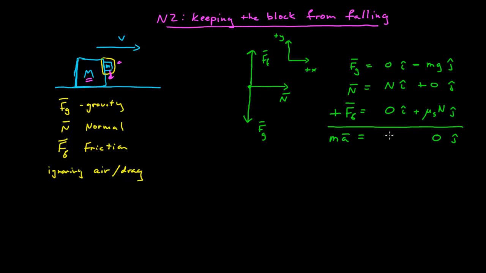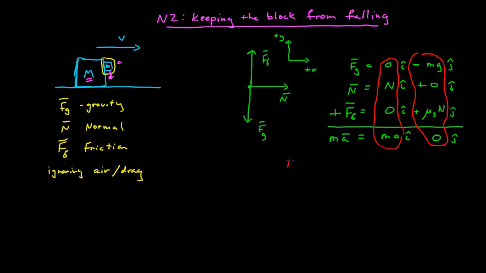And so then there may be some acceleration in the x direction. So this vector sum, the sum of my forces equal to my mass times acceleration, now gives me some relationships between my parameters.